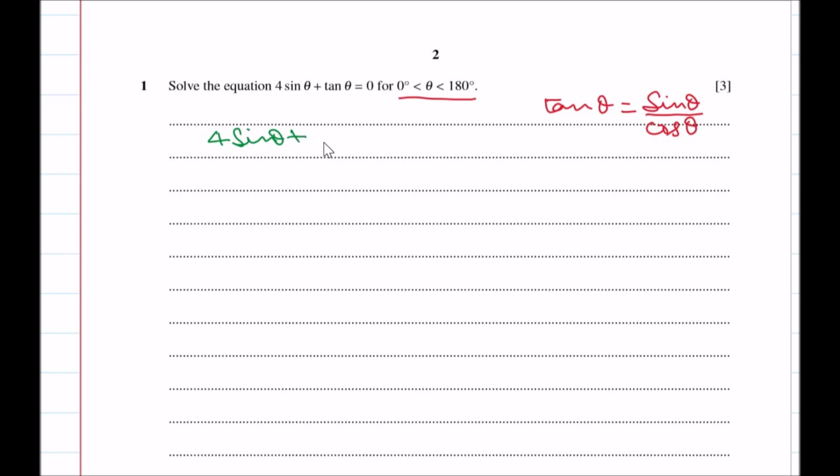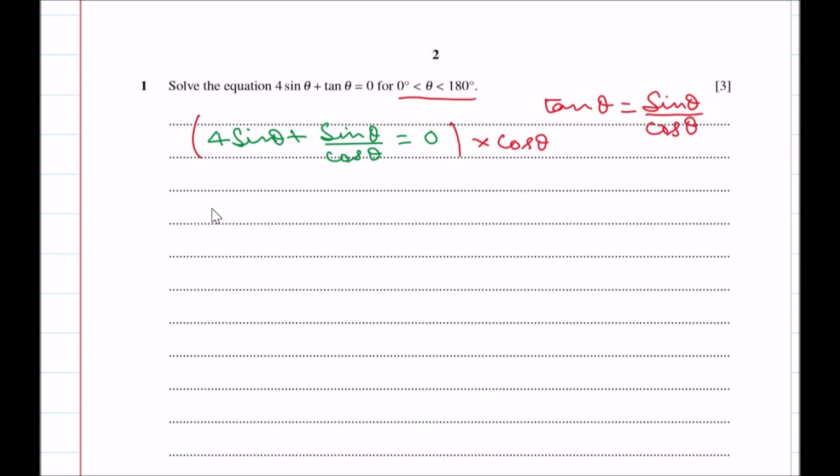So 4 sin theta plus sin theta by cos theta equal to 0. Now we have a denominator cos theta here, so we multiply the whole equation by cos theta so that we can eliminate the denominator.